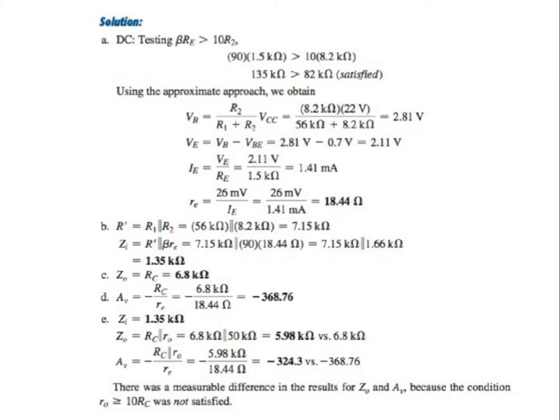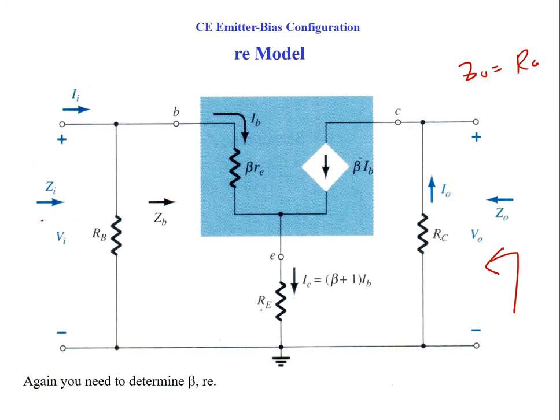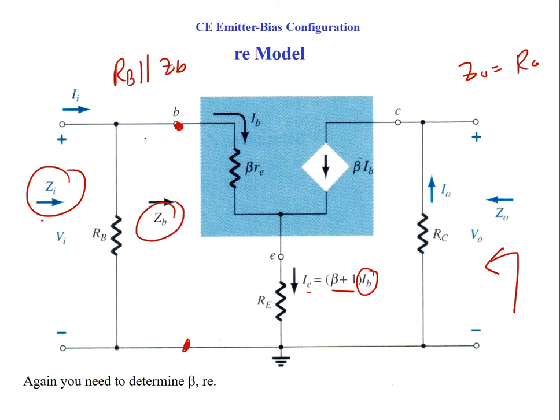But in this case we have this RE resistor here, and we know that IE is beta plus 1 times IB. So if you want to calculate the input impedance, that will be RB parallel with this combined impedance, and this combined impedance we are referring to as ZB.